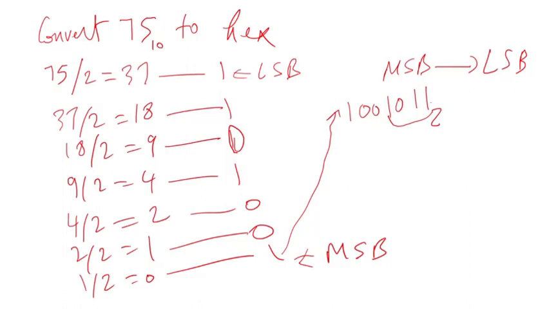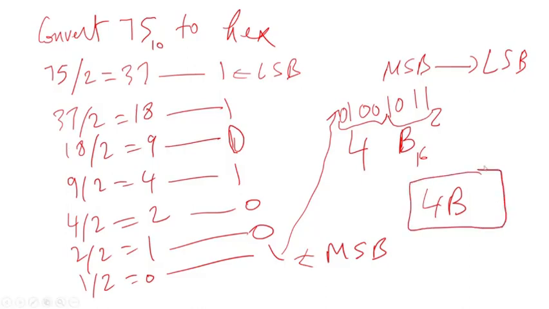So you have 1 plus 2 plus 8, that's 11, which is B in base 16. And I can add a leading 0 here to make it 4. This is just 4. So 4B. So 75 in base 10 is just 4B in base 16 or hexa.